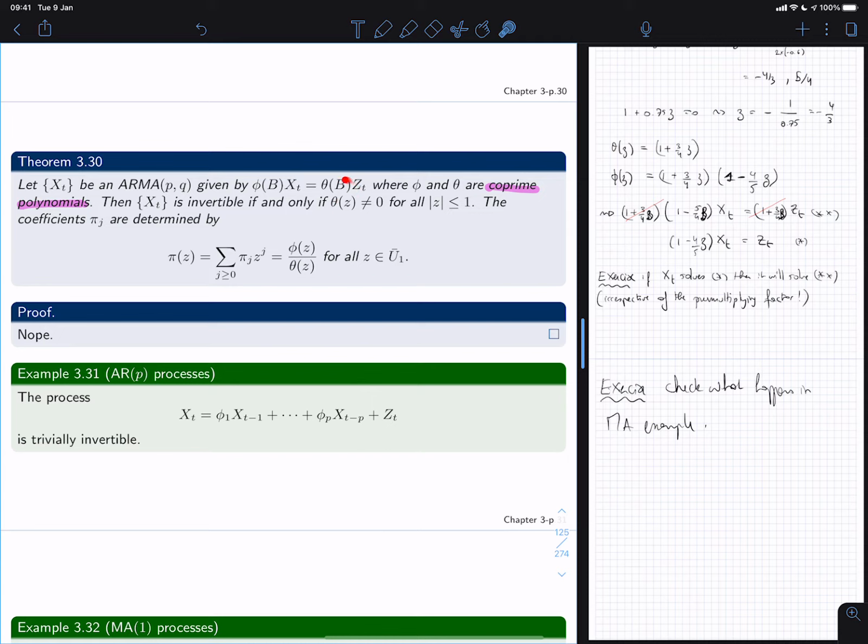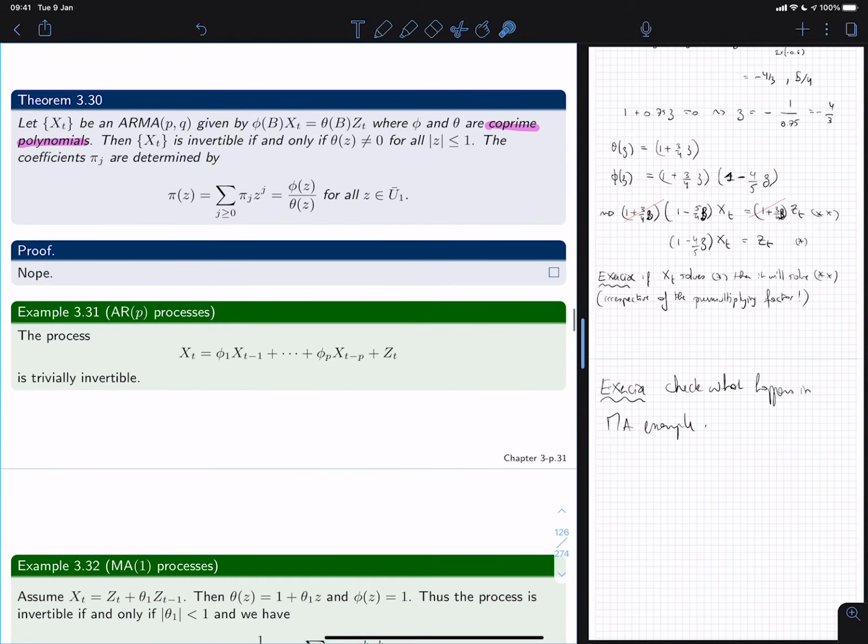And when can you do this? Well, if this one has no roots inside the unit disk. So in terms of invertibility, the AR processes are much nicer because this theta polynomial has no roots, so it's always invertible.